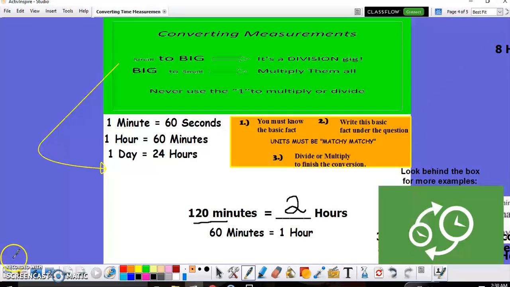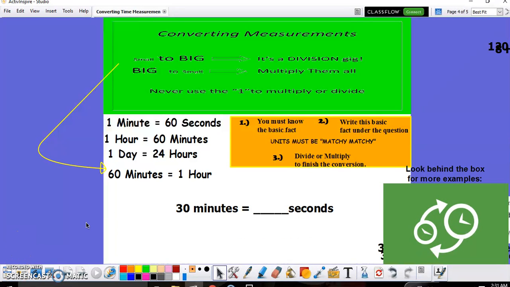Let's take a look at another example, and you can try it yourself. This time we're taking 30 minutes and seeing how many seconds are in those 30 minutes. Step 1, basic fact, put it underneath the question, minutes on top of minutes, seconds on top of seconds, and then determine whether you multiply or divide. We're going from a larger unit to small.